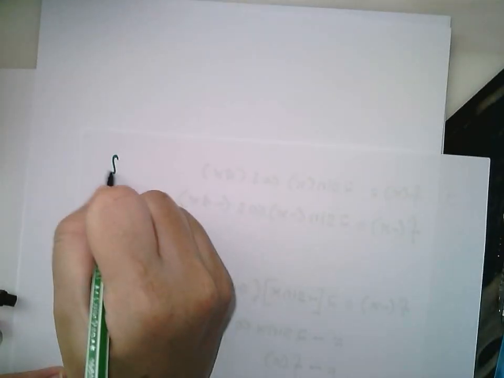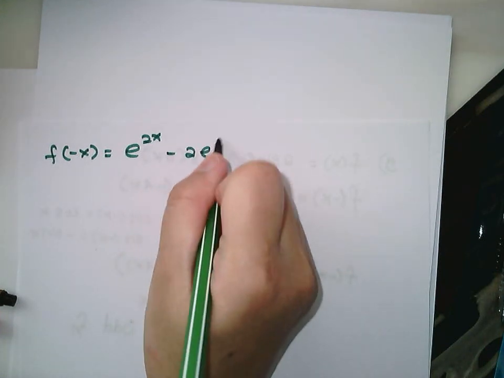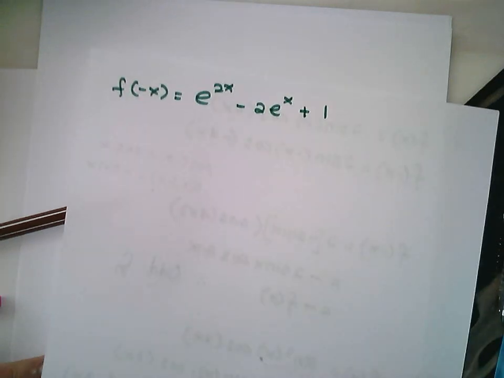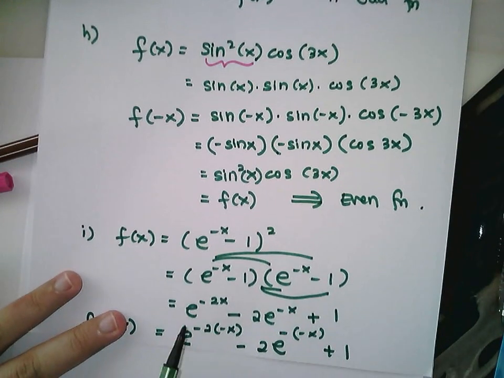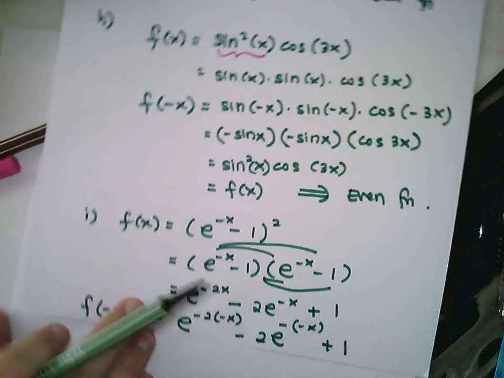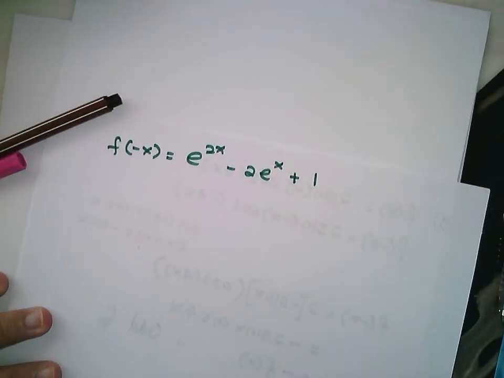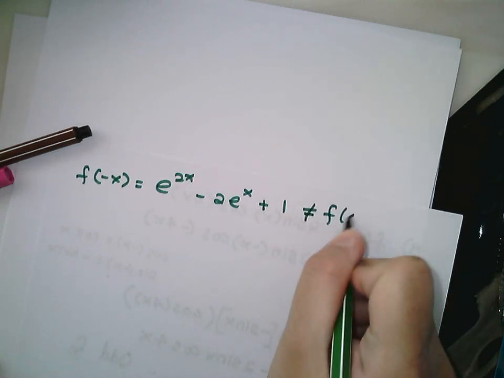So f of negative x is equal to e to the 2x minus 2e to the x plus 1. So clearly this one is not equal to f x, because the power here is negative, but in f of negative x, the power is positive.